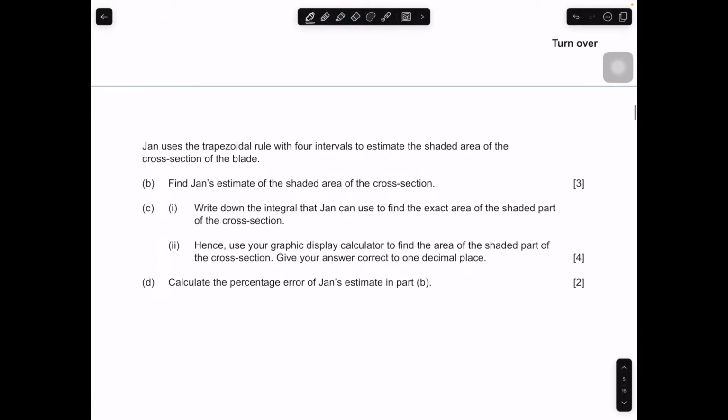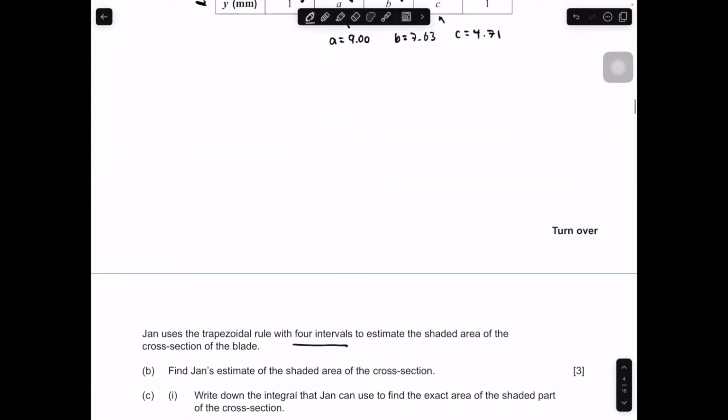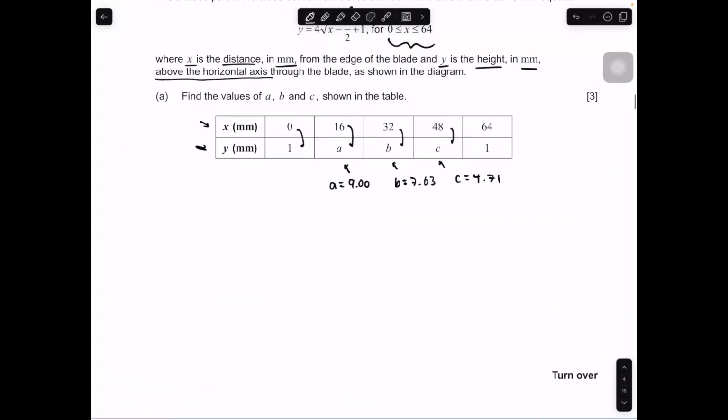Okay, we're then told that Jan uses the trapezoidal rule with 4 intervals to estimate the shaded area of the cross-section of the blade. Find Jan's estimate of the shaded area of the cross-section. So in this case, remember, often IB questions won't ask you to perform some kind of calculation just to test a discrete skill.